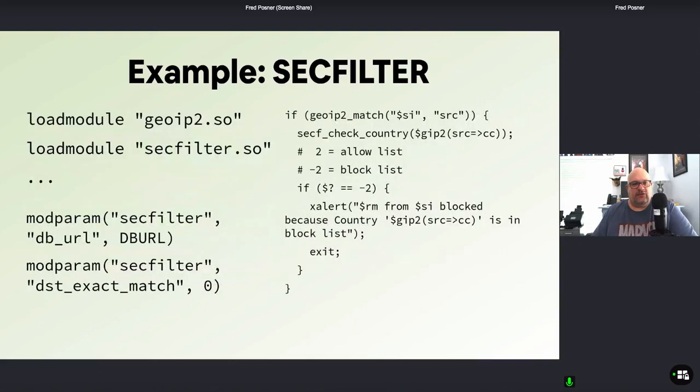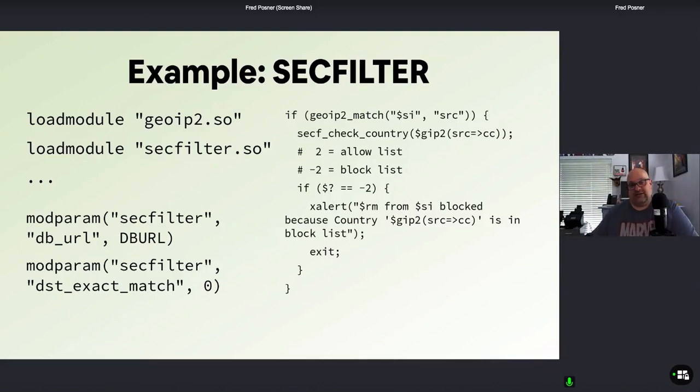An example of using security filter would be, again, first you load the module. So in this case, we're going to load the SECFILTER module. Before it, we're also going to load the GeoIP2 module, and that's just using the GeoIP library to help identify IP and geographical location.